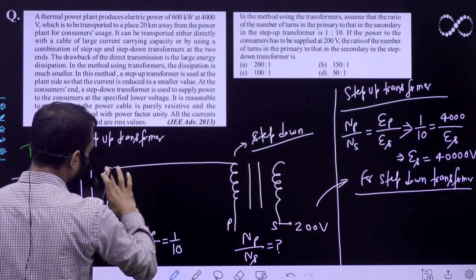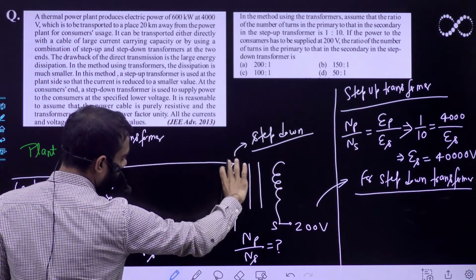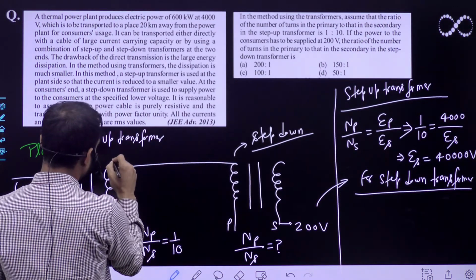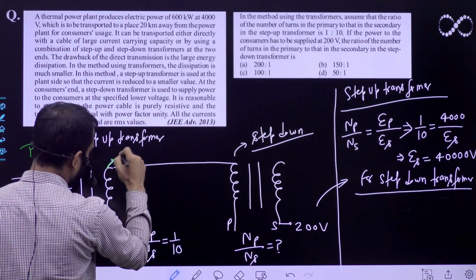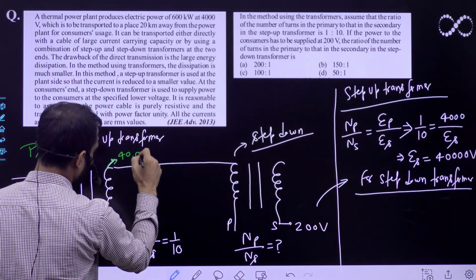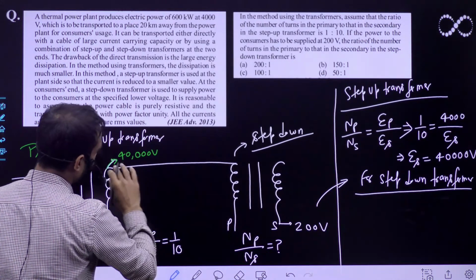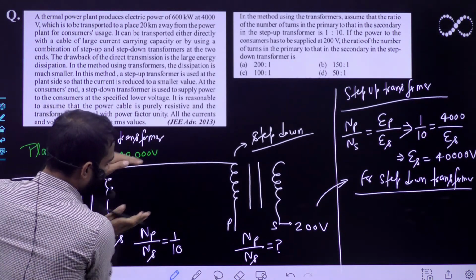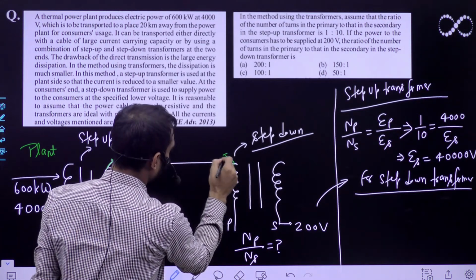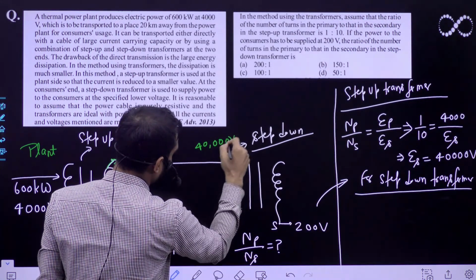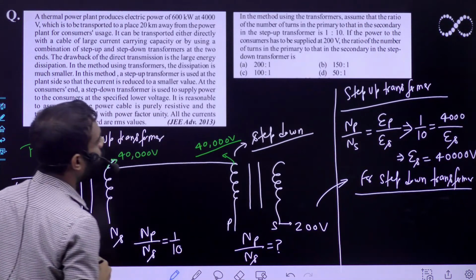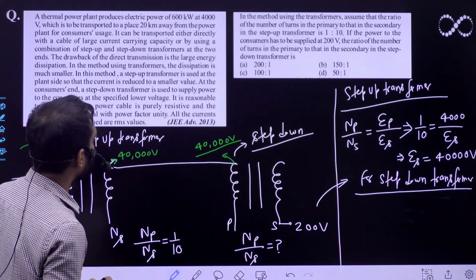So the same voltage we applied here also. So this is having 40,000, and the same voltage will come here also, that is 40,000. All right.